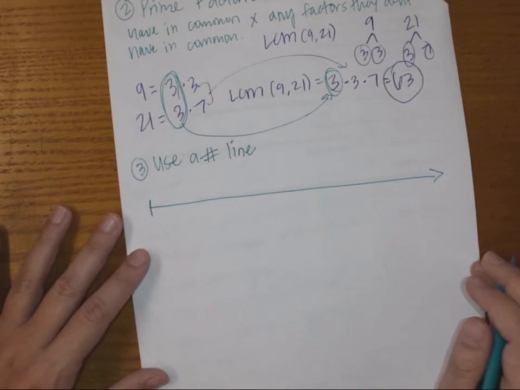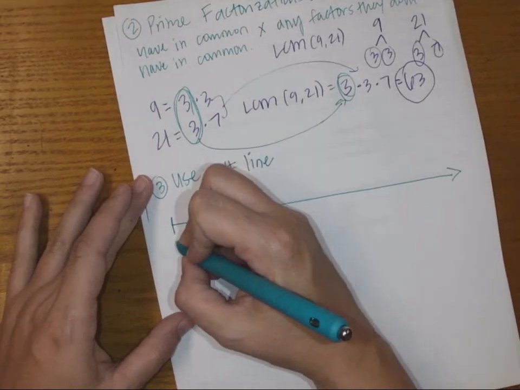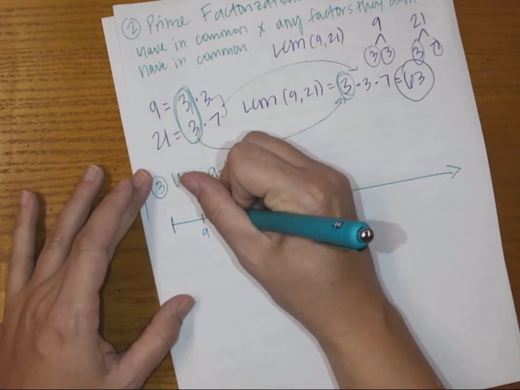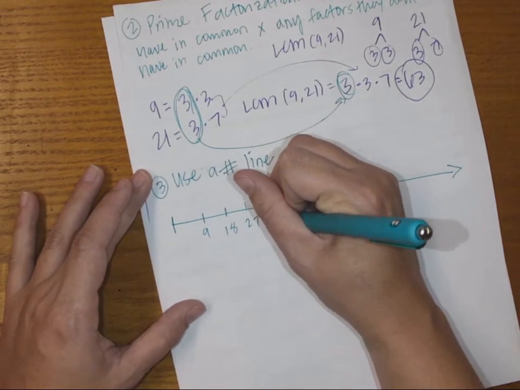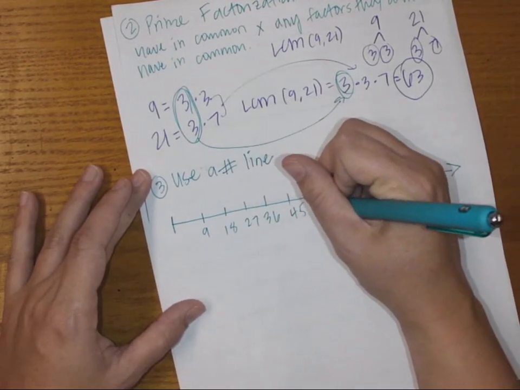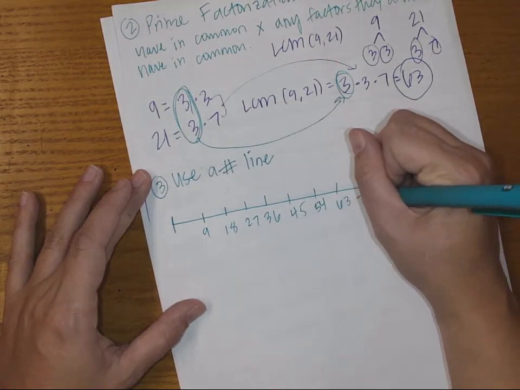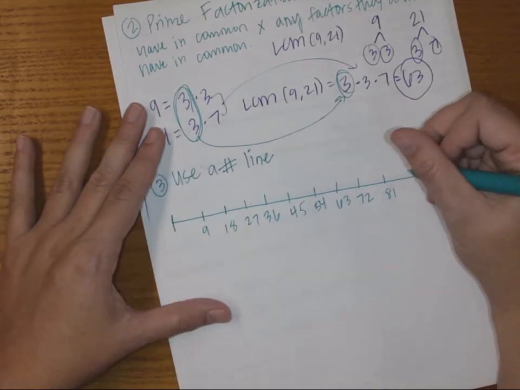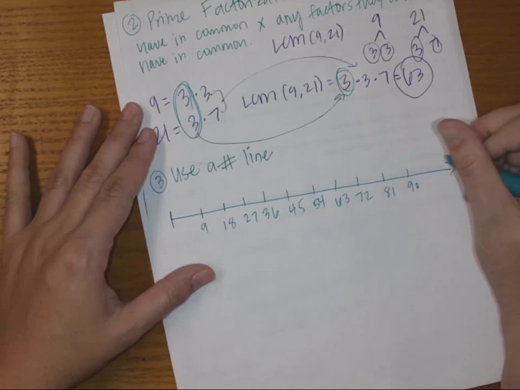So I'm just going to start off by listing my multiples of 9. Multiples of 9 are 9, 18, 27, 36, 45, 54, 63, 72. I know I could stop here because I know that's my least common multiple, but just keeping on going, 81, 90, so on and so forth.